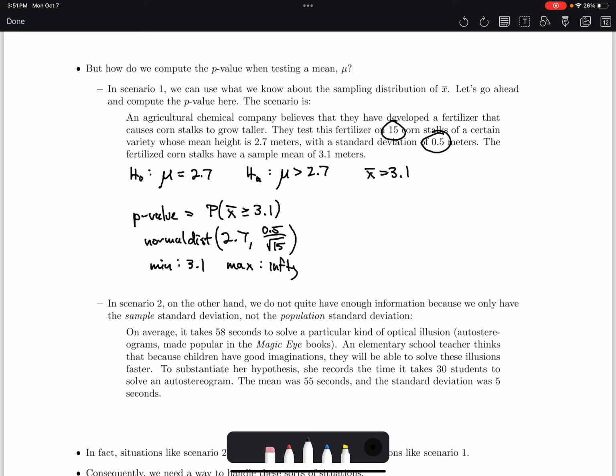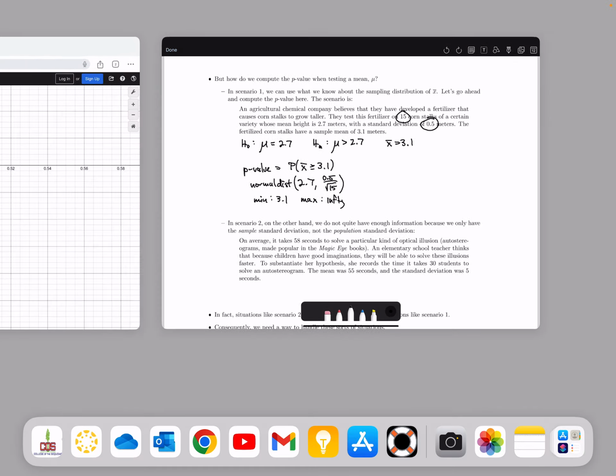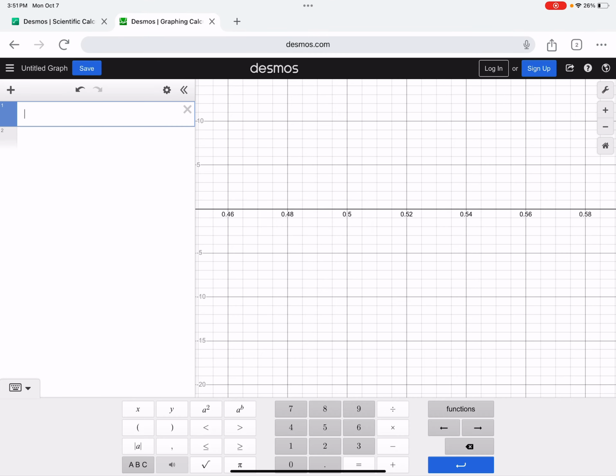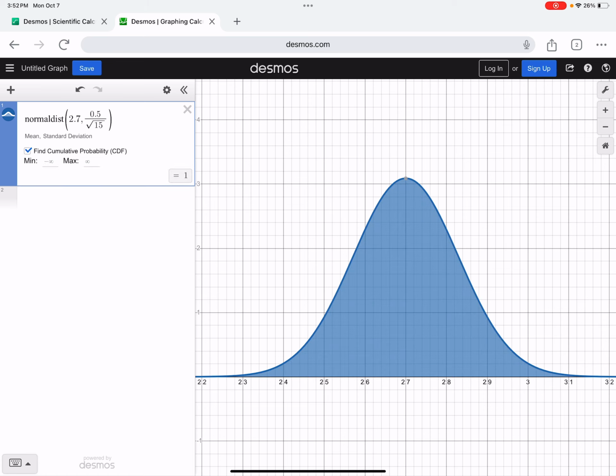Okay, let's see what we get. So we're going to use the normal dist with a mean of 2.7 and a standard deviation of 0.5 divided by square root of 15. Let's zoom in on that and find the probability.